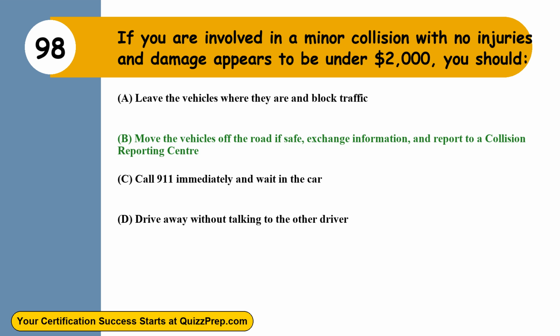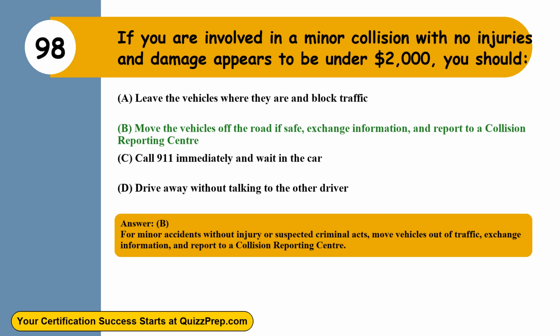The correct answer is option B. Move the vehicles off the road if safe, exchange information, and report to a collision reporting center. For minor accidents without injury or suspected criminal acts, move vehicles out of traffic, exchange information, and report to a collision reporting center.